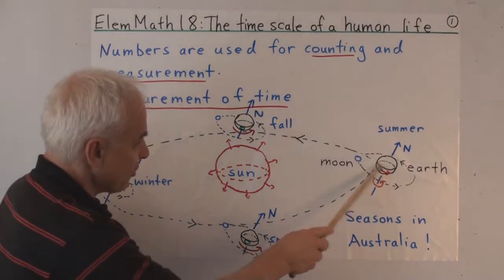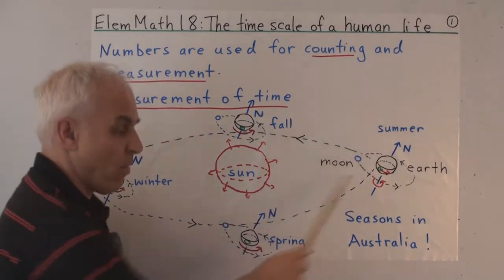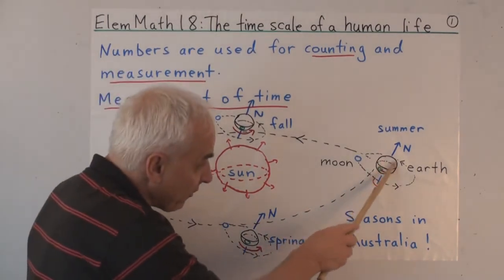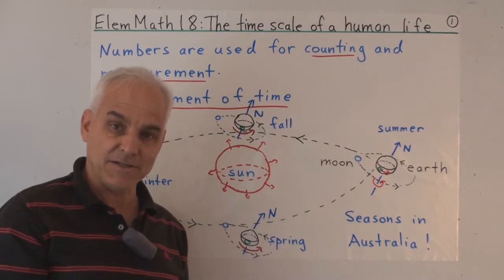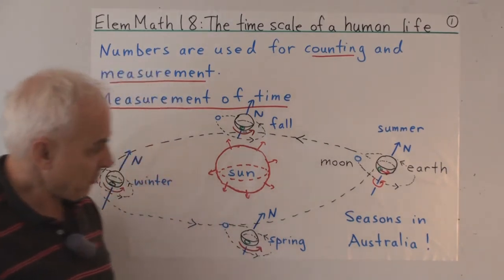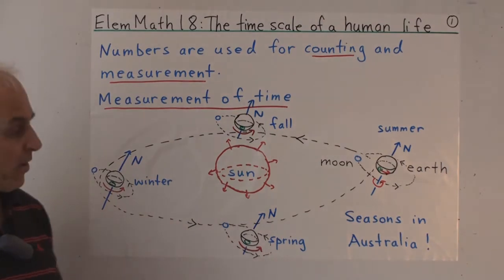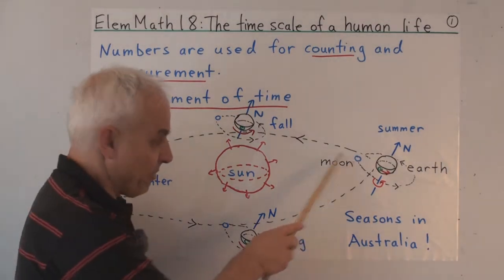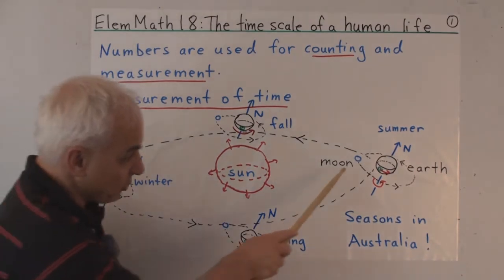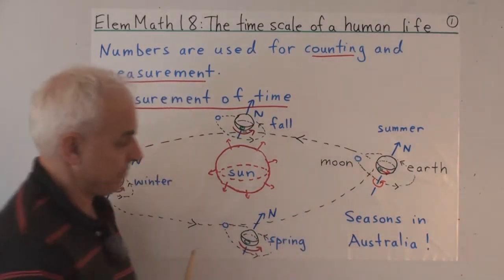So the Earth goes around the Sun once a year, and it makes one full rotation around its axis once a day. There's another third player in this story, a smaller player called the Moon. And the Moon is a satellite of the Earth. It actually goes around the Earth.